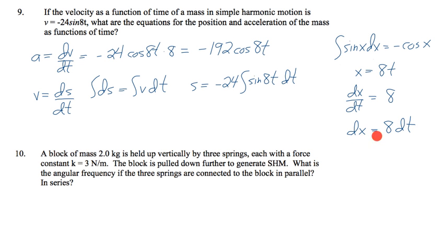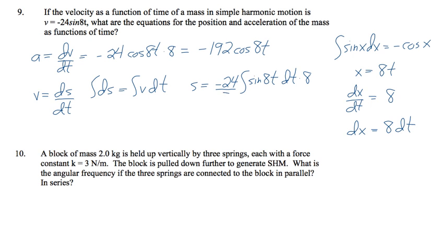So dx is 8 dt, so that means that I need to multiply by an 8 so I have everything there, so that I have the sine x dx. This whole thing is dx, and that's x. That way I'll be able to use this formula and just put in what x is when I solve it. But if I'm going to multiply by 8, you can't just multiply by 8.